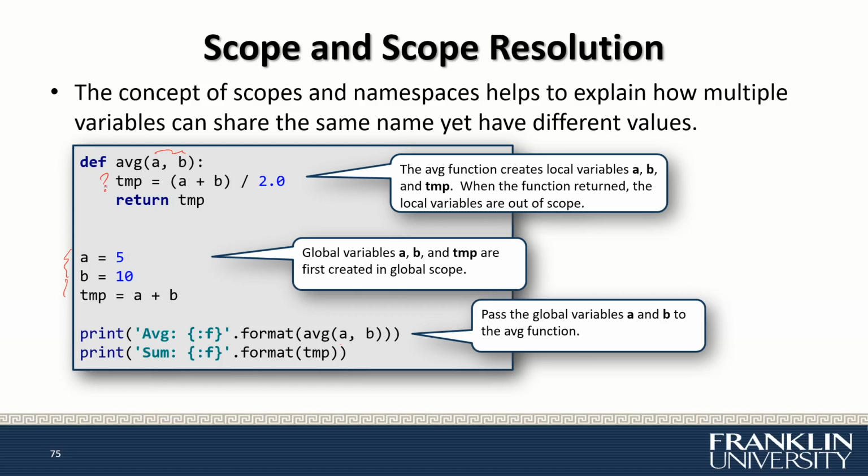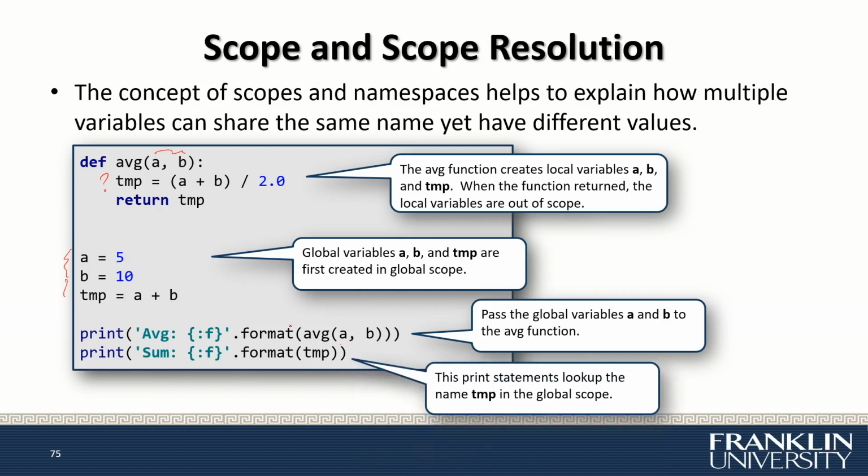And then when the average function returns, all the local variables A, B, and temp go out of scope or are deleted from memory. So the temp value returns, and then it will print the same and look at the name temp in the global scope, and it displays the temp. This temp here will display the global scope temp.